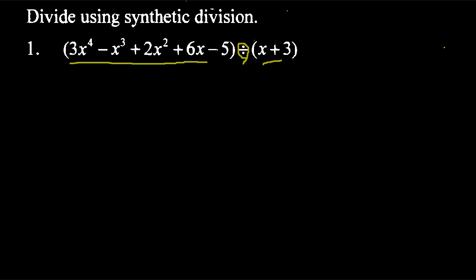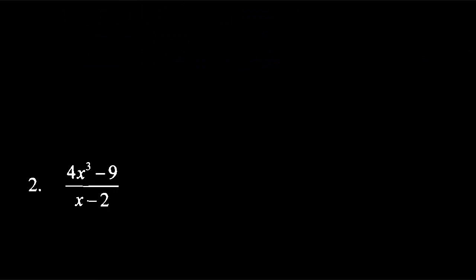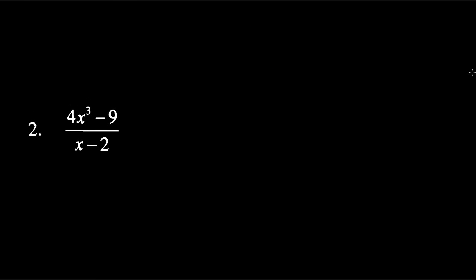And now with our new problem, the divisor is down in the denominator. It has a fraction set up here, and the dividend is up here in the numerator part. And we have a fraction bar that is performing the same function as the division symbol was in the first problem.